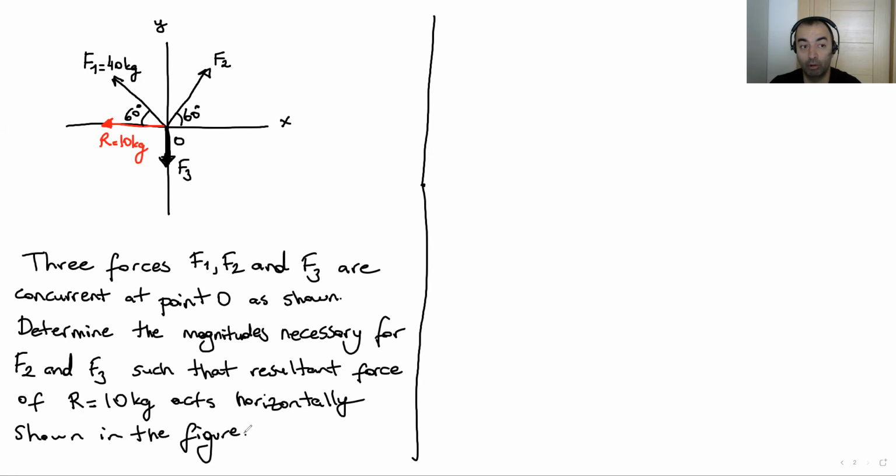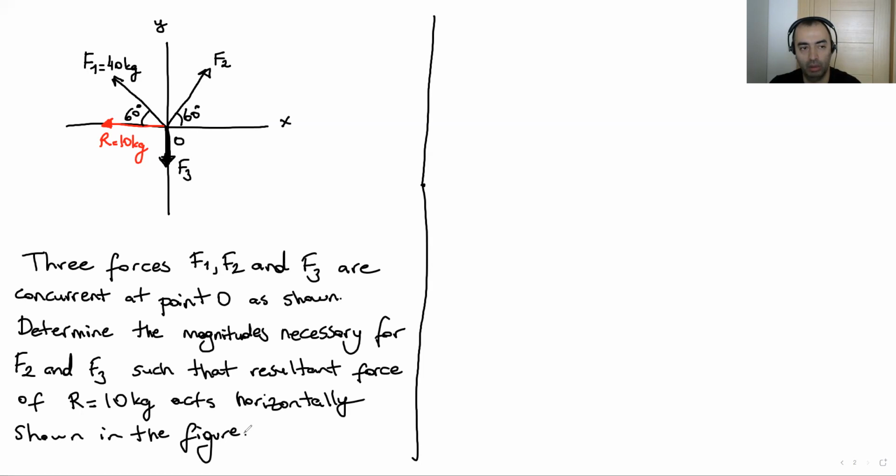If we combine all these three, we get the R, the red arrow on the sketch. Depending on given data, please calculate the magnitudes of F2 and F3.